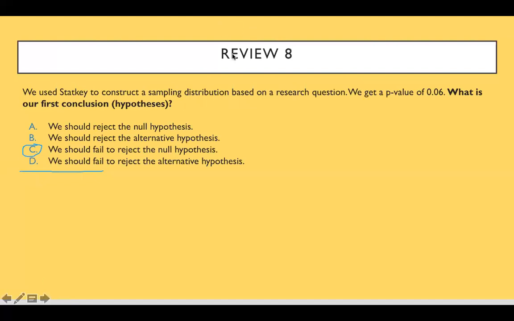All right, let me just clear these. Okay, so we use StatKey to construct a sampling distribution based on a research question. We get a p-value of 0.06.